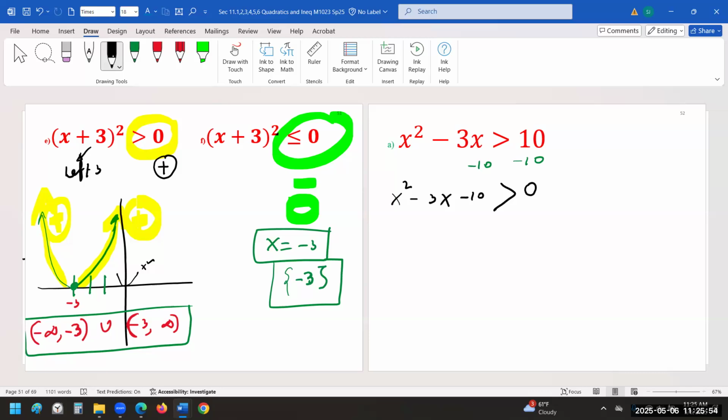And now graphing this is hard, right? Because all these examples we did so far were in vertex form, so we use transformation. But this is in standard form.